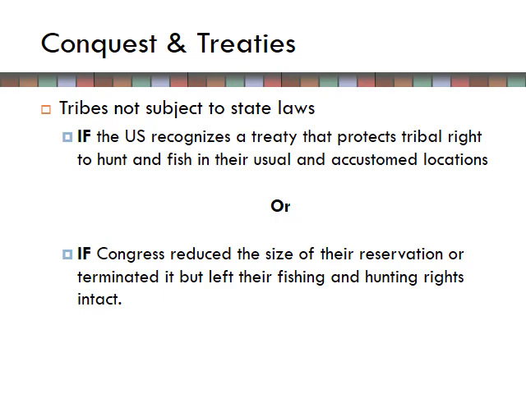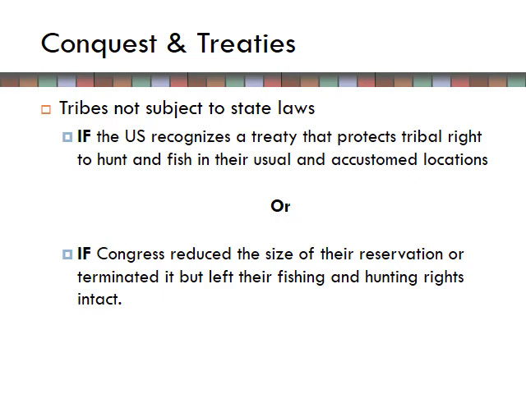If the U.S. recognizes a treaty in which the tribe retained their right to hunt and fish in their usual and accustomed locations, so if they had a treaty agreement in which the native population gave up rights to their lands but maintained the right to hunt and fish there, then they can still hunt and fish there. They're not subject to state laws, but they will be subject to tribal laws if there are any.